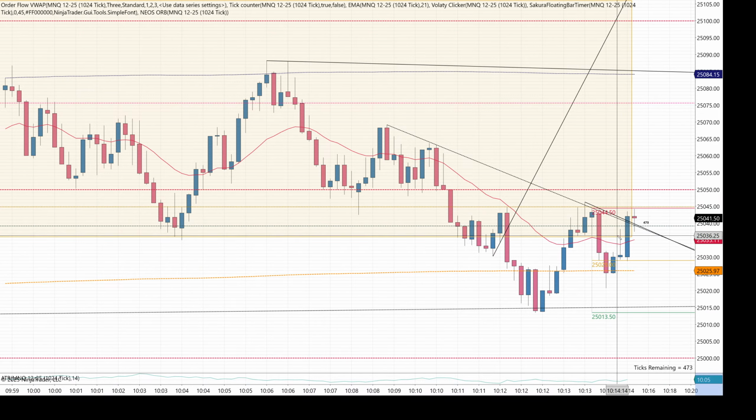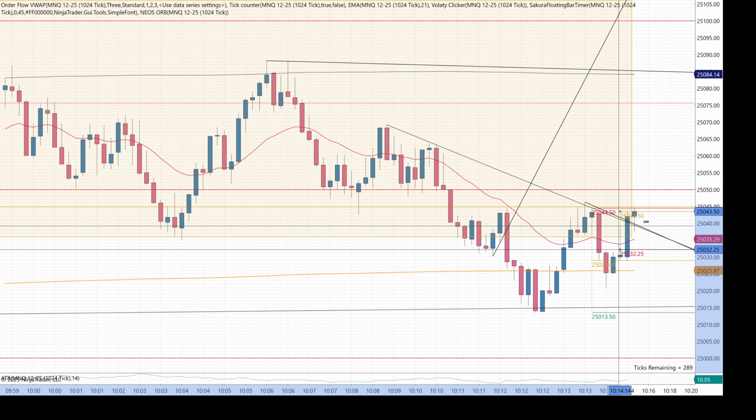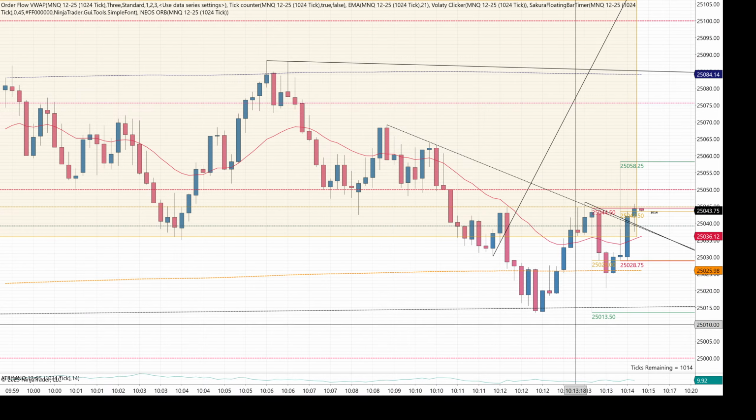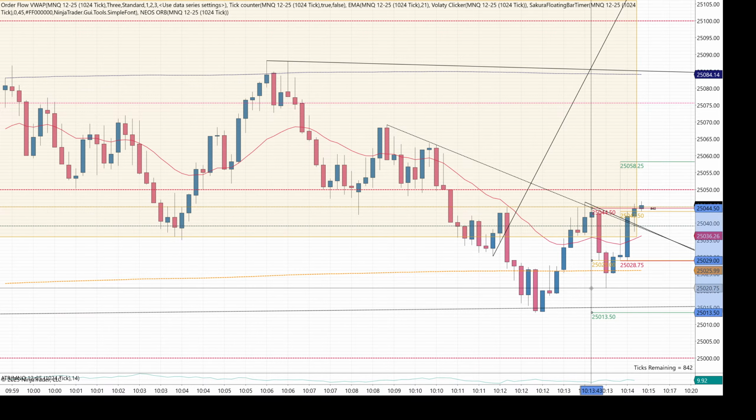But VWAP is in the way. And now you have a false positive bullish signal here. And the bearish trade didn't work.